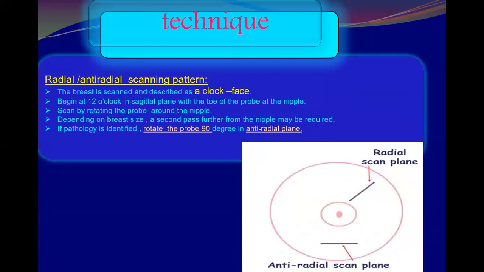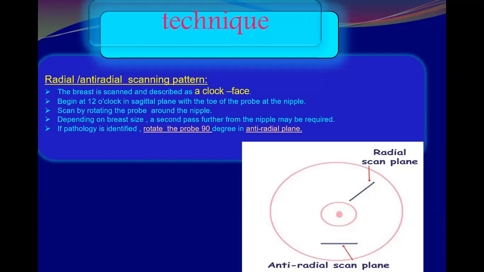The other technique is the radial and anti-radial technique. This is the radial technique. It is the same as the clock face technique. The radial and anti-radial has the same name as the clock face technique. So in the radial and anti-radial, generally we start at the 12 o'clock position in a sagittal plane with the toe of the probe at the nipple.